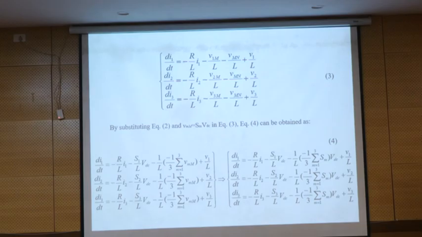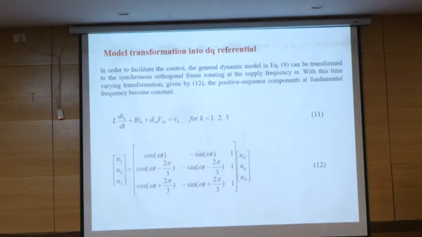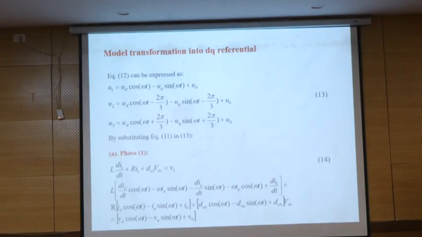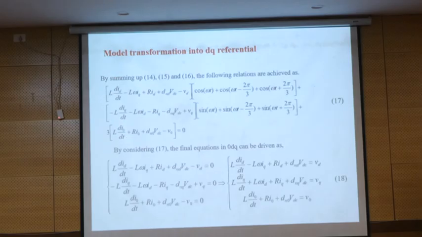So we discussed the switching function and then the dynamic model of the system, and then transferred it to dq and reached this equation, which is the dynamic model in the d-axis, q-axis, and the 0-axis, which should be equal to 0.